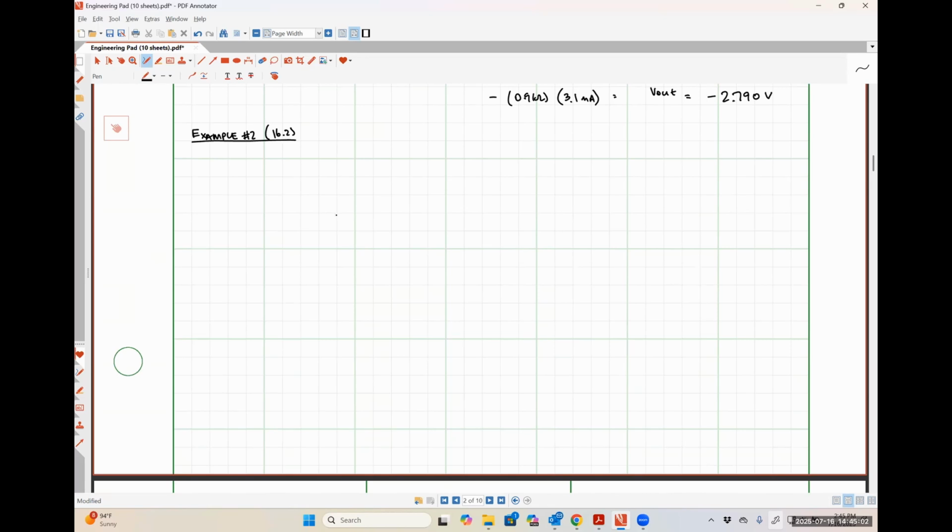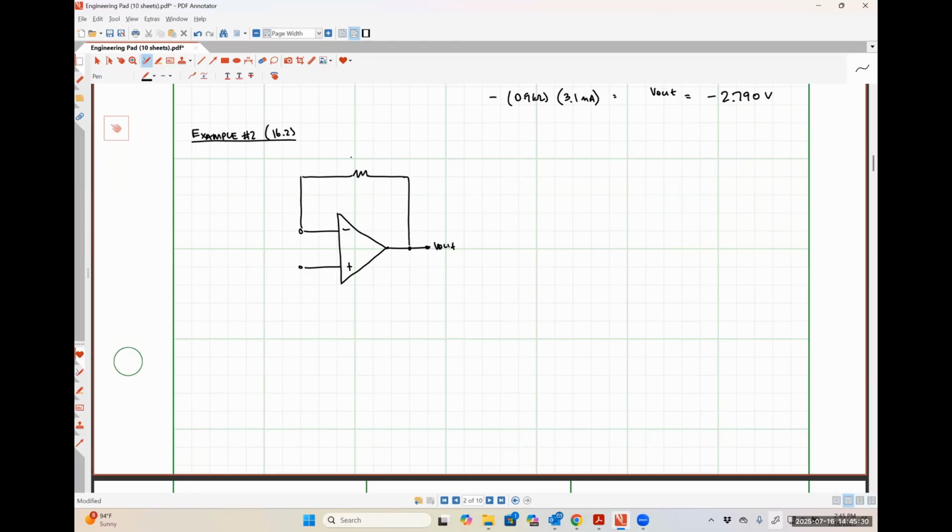So I've got my op amp over here. I've got my negative feedback path connecting my output node to my inverting input node.